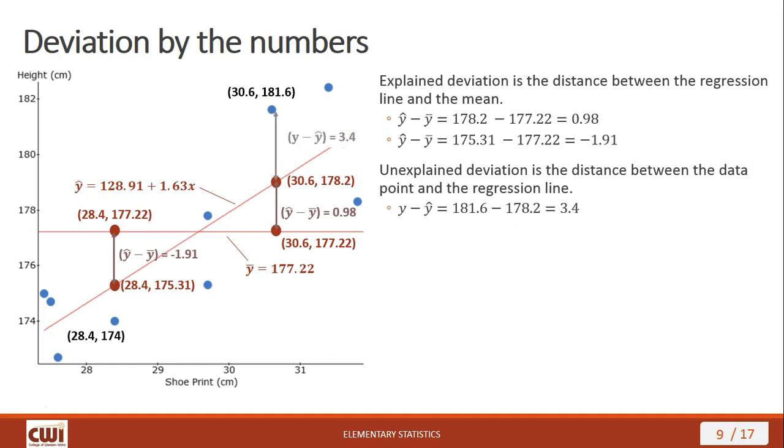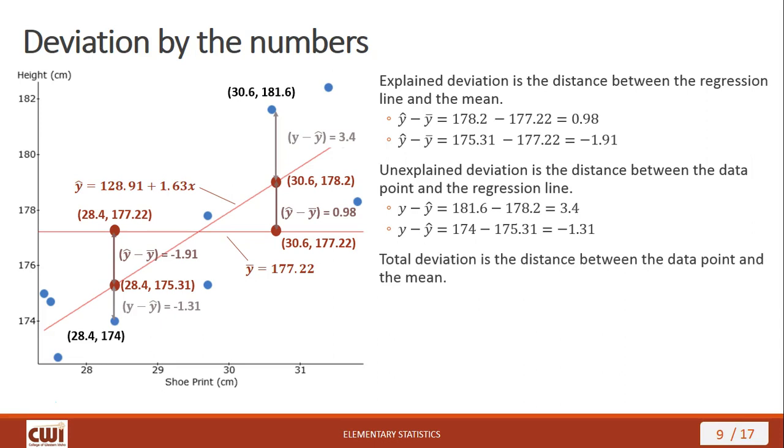So for the first data point, we're going to have a deviation, it's unexplained, of 3.4. So I'm going to take the data point 181.6, subtract 178.2, that gives me 3.4. Likewise, for the second data point, I take its y value and subtract out the predicted value, and I get negative 1.31.